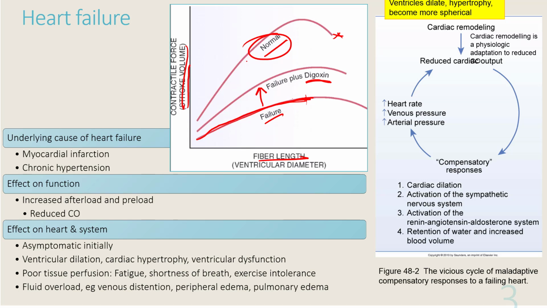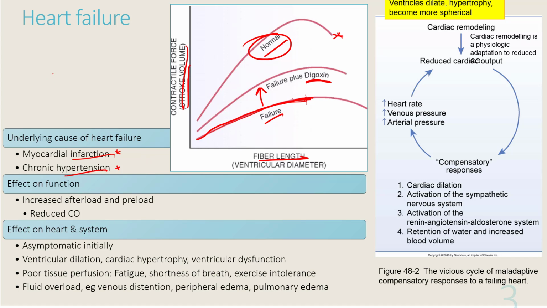Underlying causes of heart failure, the main two are listed over here. First, myocardial infarction. If you have death of some of the cells in the heart, especially in the left ventricle, those dead cells can't contract, and so that causes the heart to fail. Second, chronic hypertension.